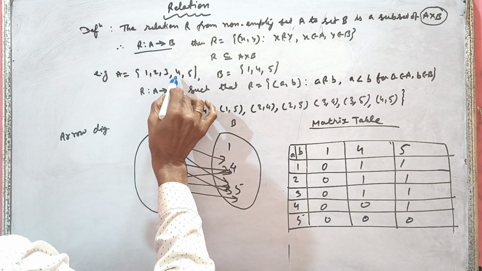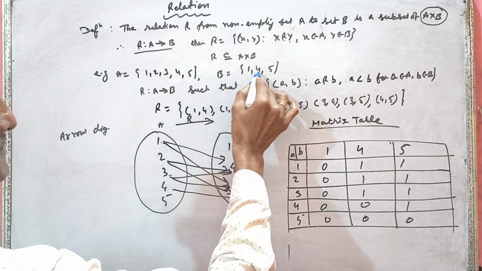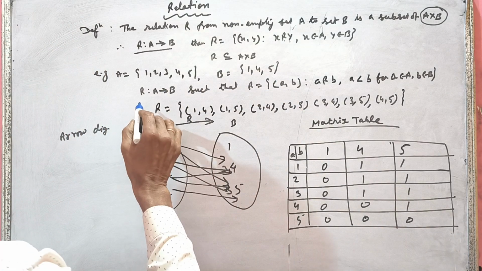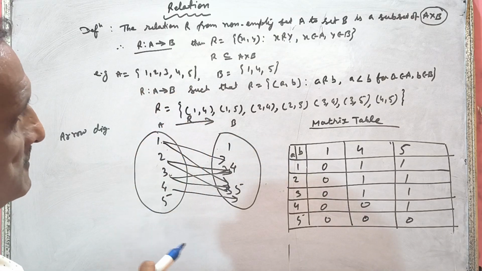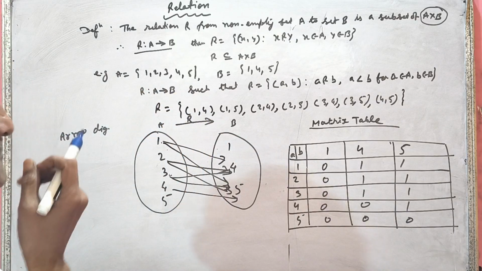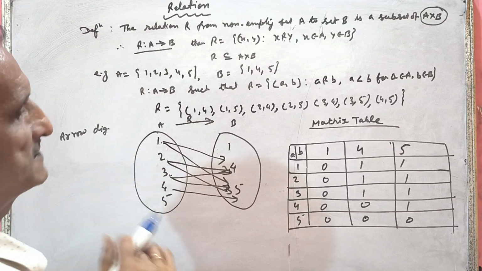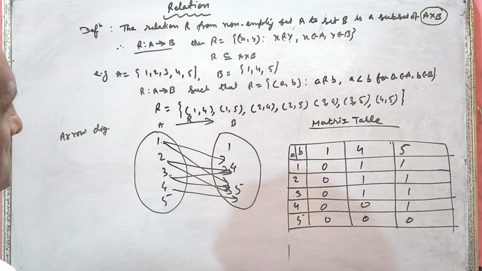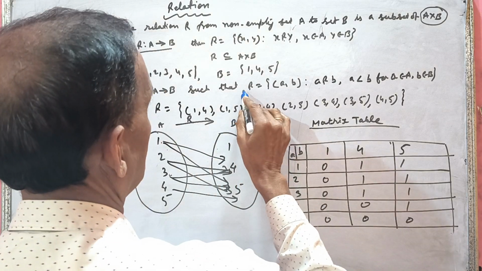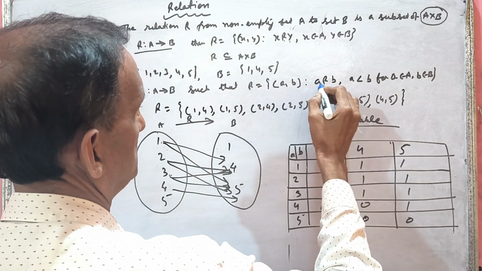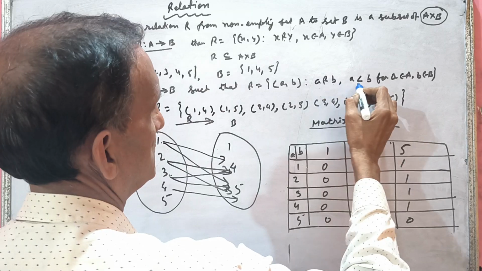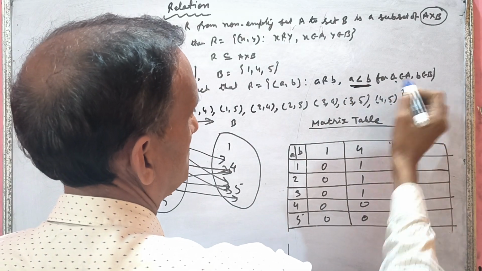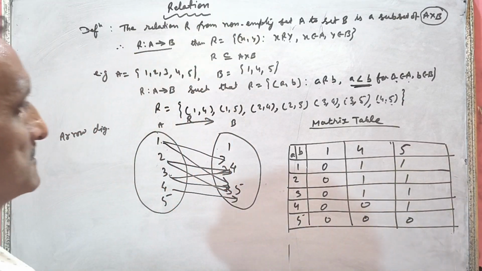Suppose A is a set with the elements 1, 2, 3, 4, 5 and B is {1, 4, 5}, and some rule or some definition of R will be given, some condition will be given. So if R is a relation from A to B such that R is defined as ordered pairs (a, b), a is related to b, a is less than b, for all a belongs to A and b belongs to B. Understood the meaning?